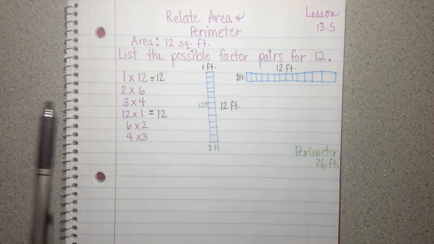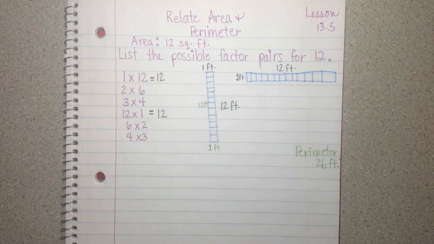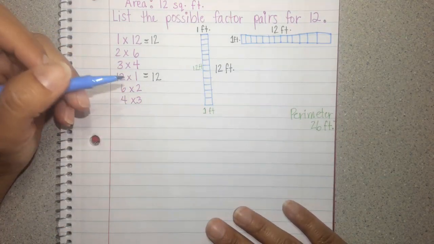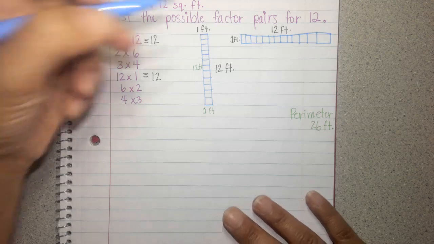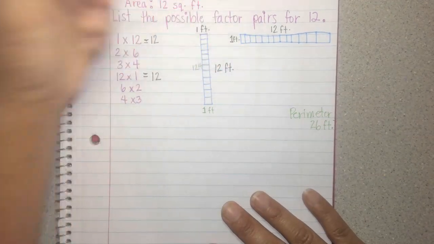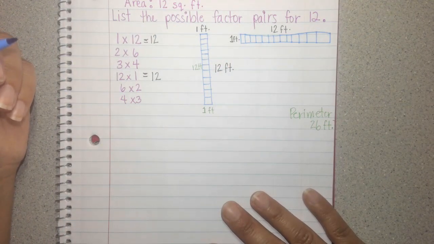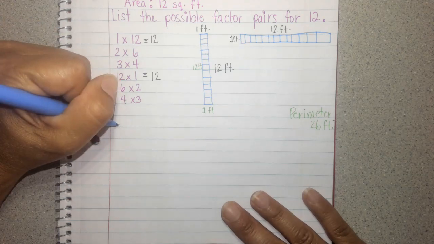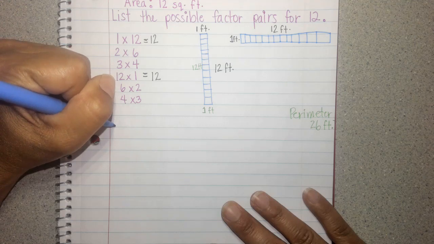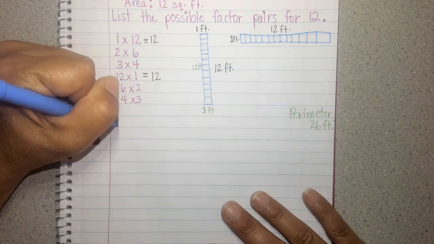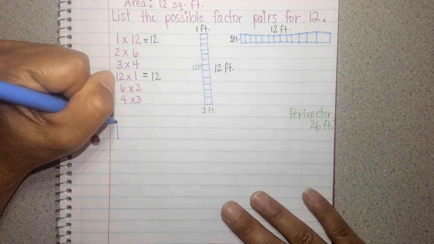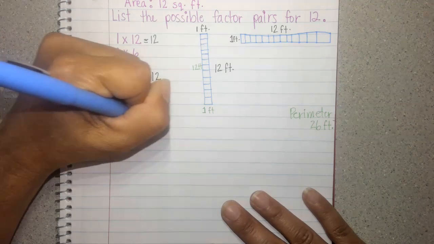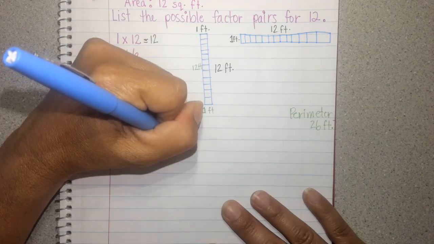Okay, let's look at another one. Let's look at 2 times 6. I think I can put it over here. Let me see. No. Where would I like to squeeze this? Here, let's give it room. 2, a length of 2, and then a length of 6, width of 2.